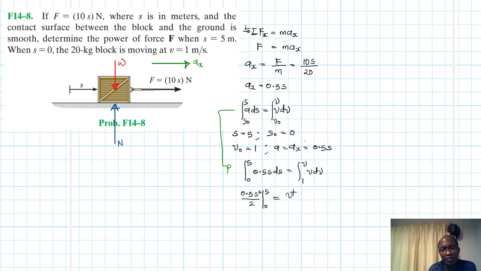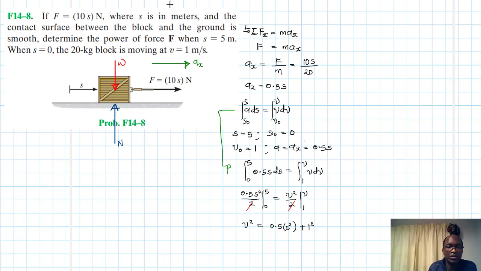This is equal to v squared divided by 2, evaluated from 1 to v. Of course, these are constants, so they can go. So we'll have v squared is just equal to 0.5 times 5 squared, plus 1 squared, which is just 1, because it was negative on the other side.